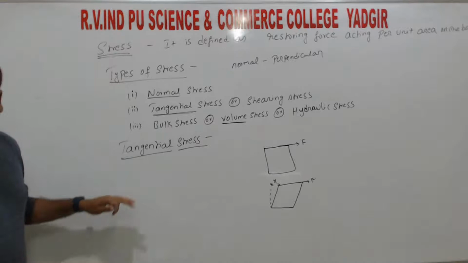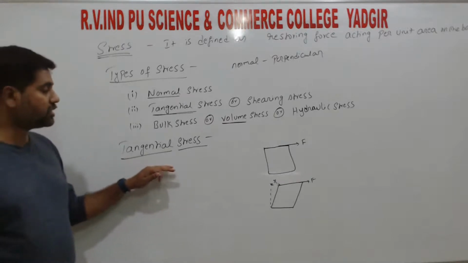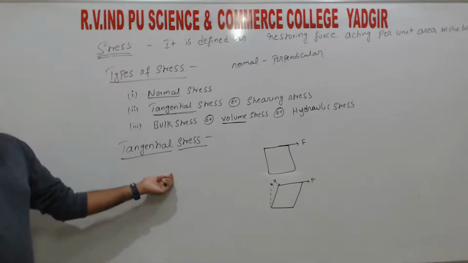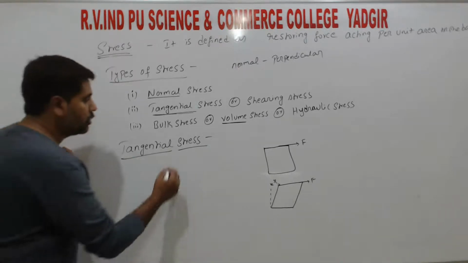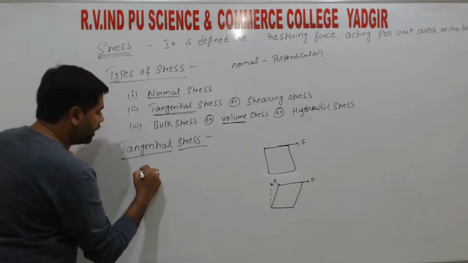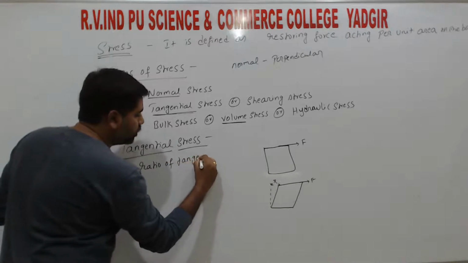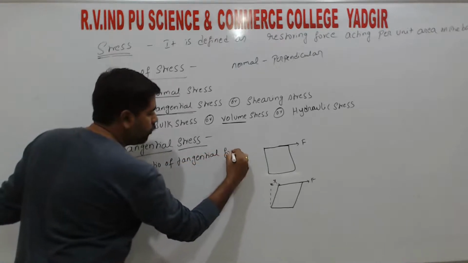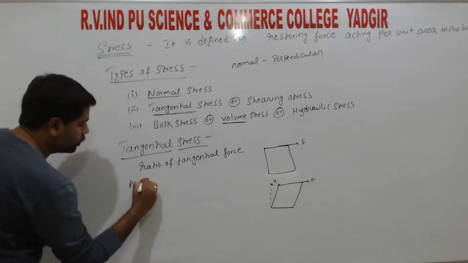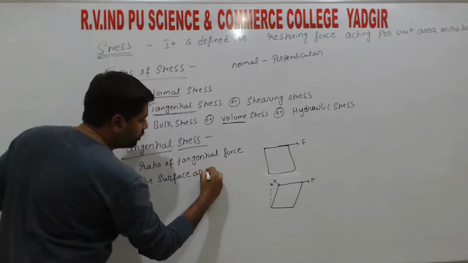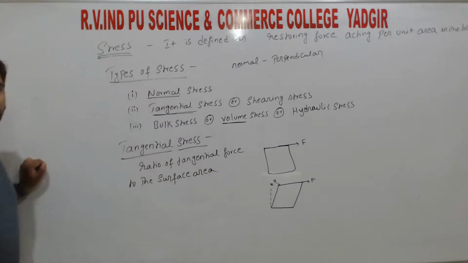So how do we define the tangential stress? It is defined as the ratio of the tangential force to the surface area, right? So which force is acting here? The tangential force, right?